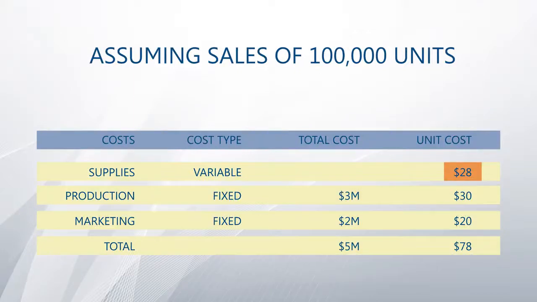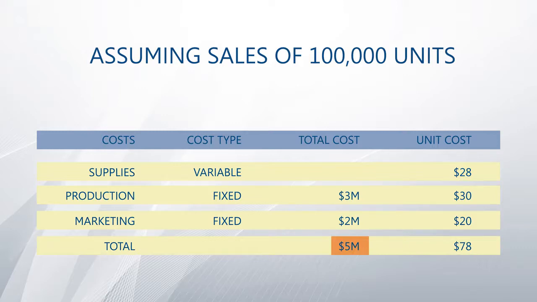Now, with some more details regarding the cost structure. Let's assume more specifically that the supplies, or we could call them the raw materials of producing the printer, are $28. The cost of production and the cost of marketing is a total of $5 million. Remember, before we said that the cost per printer is $78.